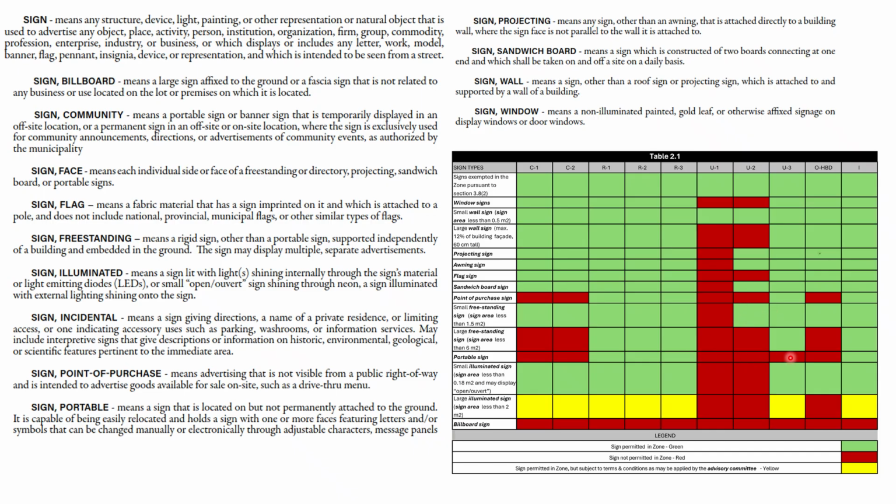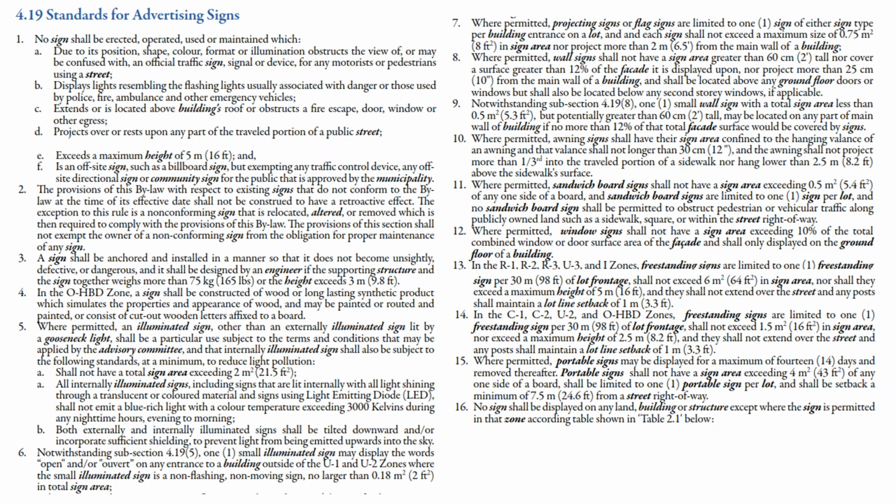There's some that are very limited, like portable signs, really just rural zones and industrial zones. And then finally, billboard signs are clearly prohibited in every zone, as are most large illuminated signs, although they may get terms and conditions from the advisory committee. So those are the different types of signs and where they're allowed.